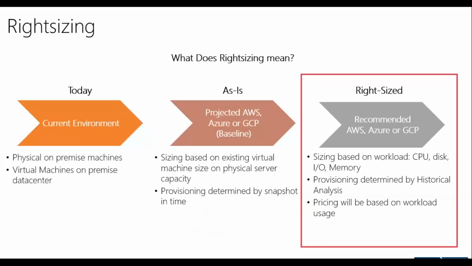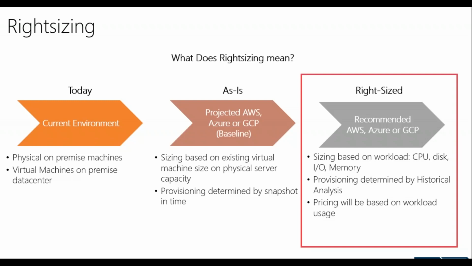Number one is right sizing. For example, you have your current environment today, with physical machines in your premises, or you are using virtual machines on premises or in your data center, whatever it depends.